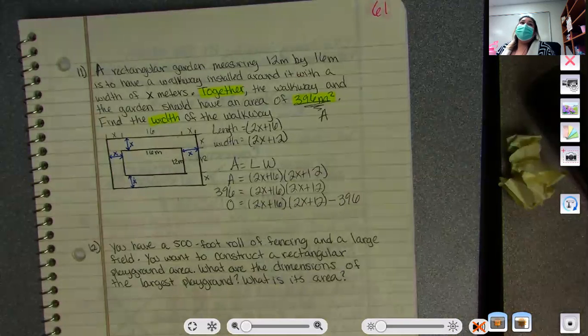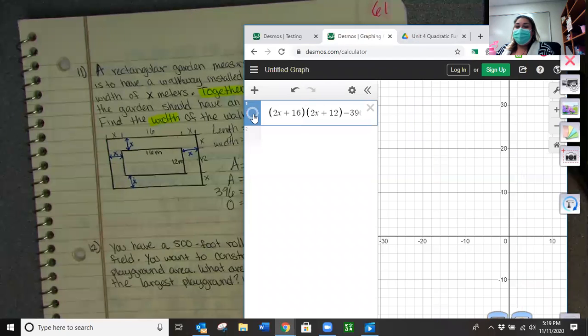No, you could, but you don't have to. So you can see that I typed it in here already: 2x plus 16 times the quantity of 2x plus 12, then subtract 396.